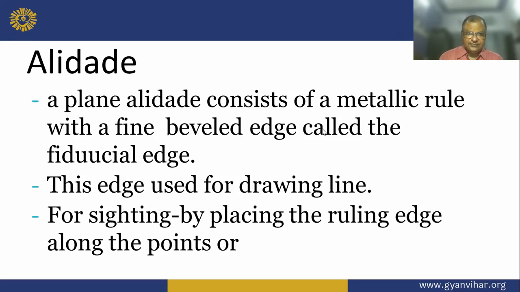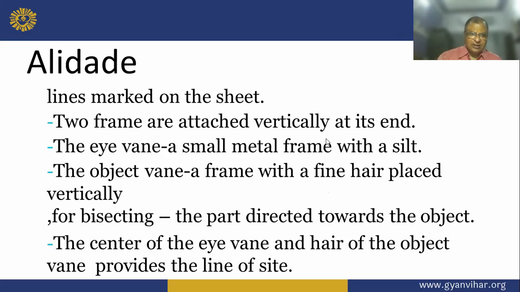Now, alidade. The plain alidade consists of a metallic rule with a fine beveled edge called the ruling edge. The edge is used for drawing lines and for sighting by placing the ruling edge along the point or line marked on the sheet.